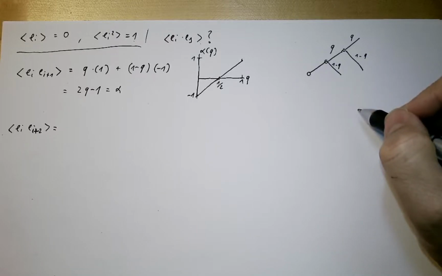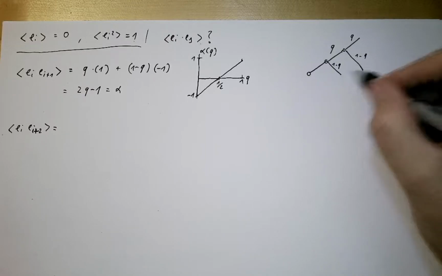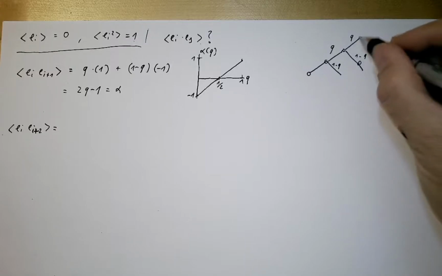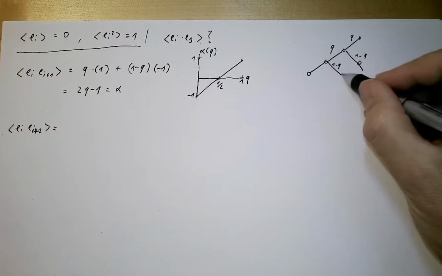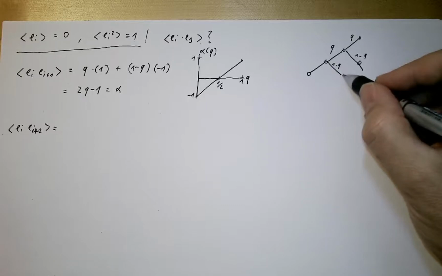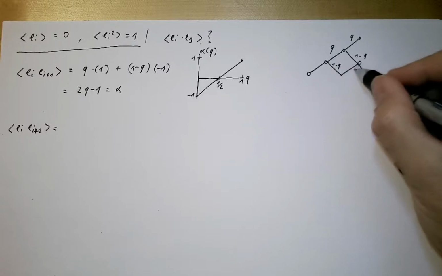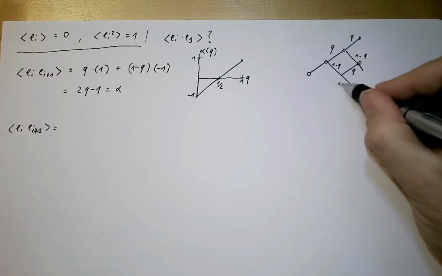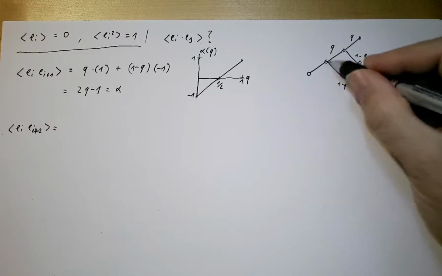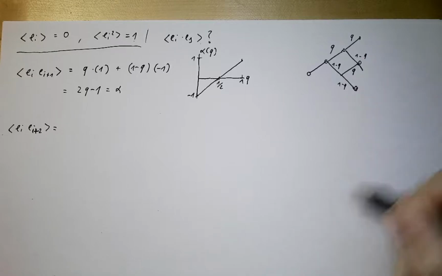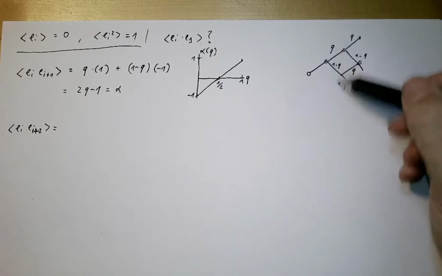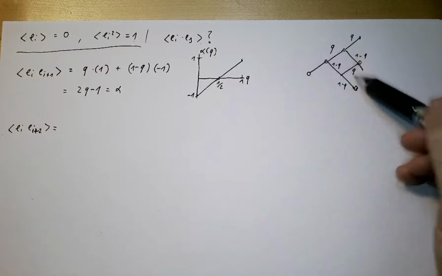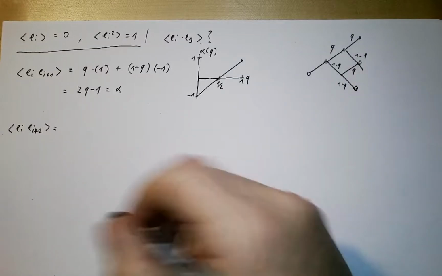And if we went down with 1 minus q, then with probability q we go up again, and with probability 1 minus q, we go 2 times down. So you see that's kind of a binomial process if you want to continue further.